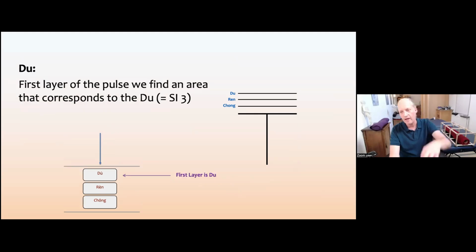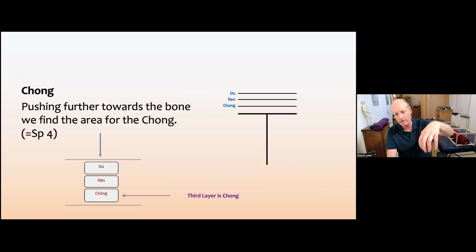You can then pull your finger back up and see, is it here in the first layer? Or go back into the middle and then down to the third layer where the Chong is, and ask, is it down here, right by the bone? It's not exactly on the bone; it's basically halfway between the middle and the bone.